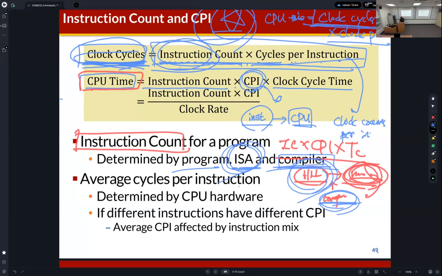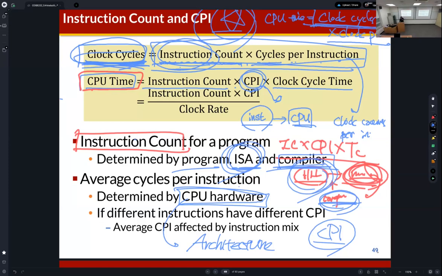How about the CPI? CPI is the number of clock cycles taken to execute a single instruction. It's the average clock cycle. So actually it is determined by hardware, which means the architecture or microarchitecture of a CPU.